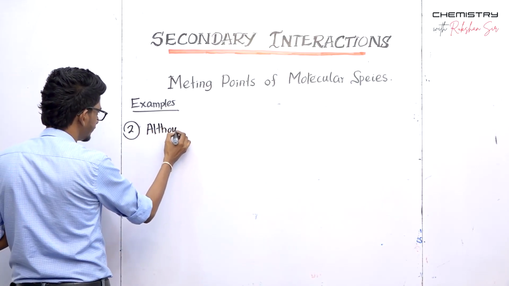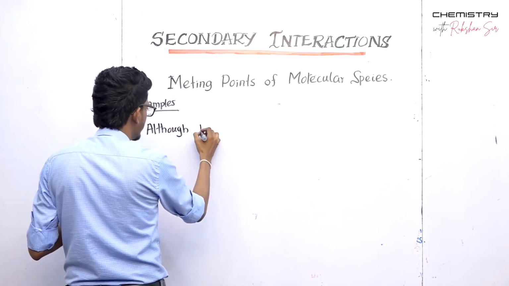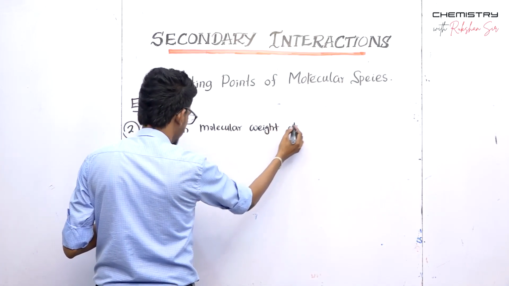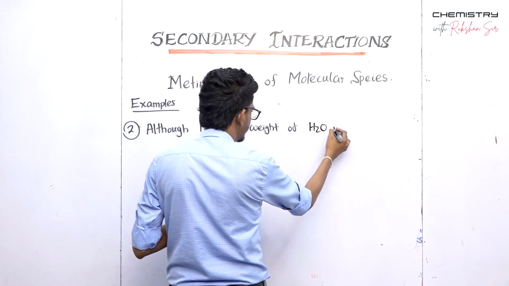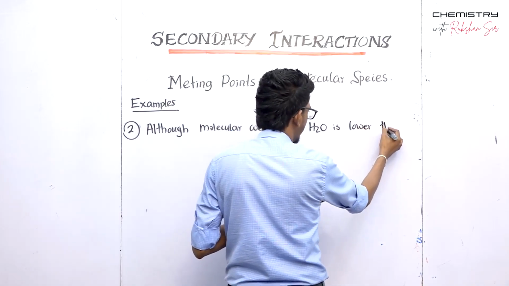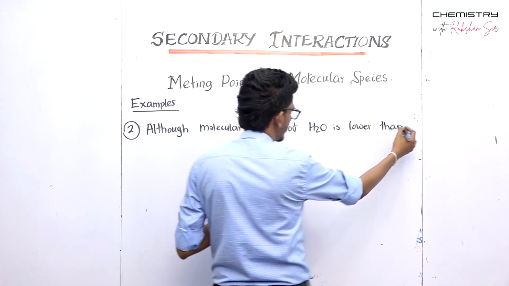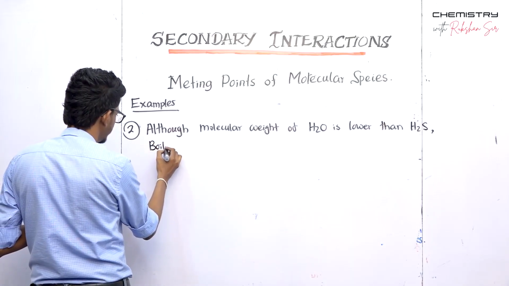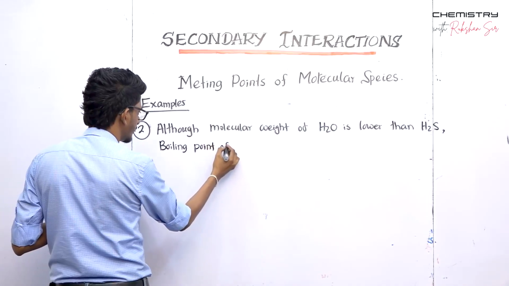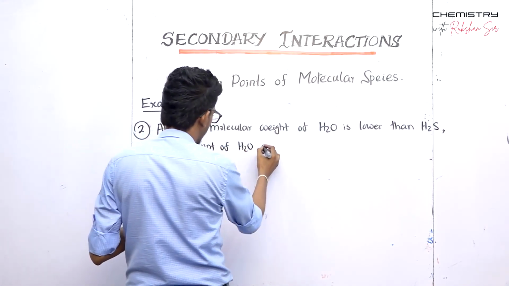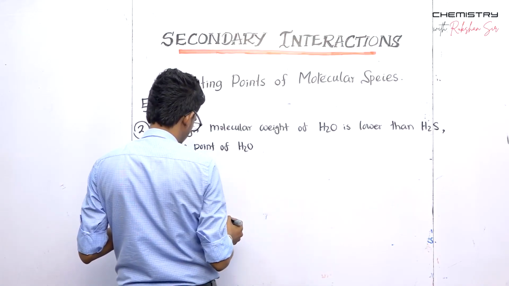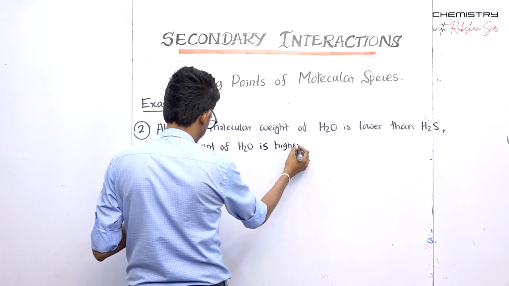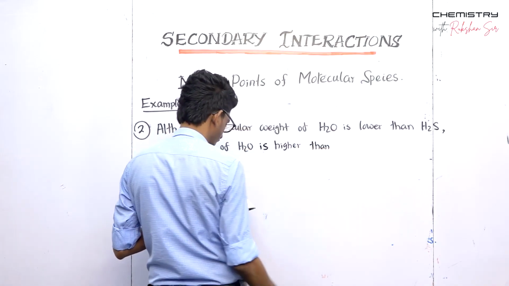Although the molecular weight of H2O is lower than H2S, the boiling point of H2O is higher than that of H2S. Actually, the boiling point of H2O is 100 Celsius, no? It is higher than that of H2S.